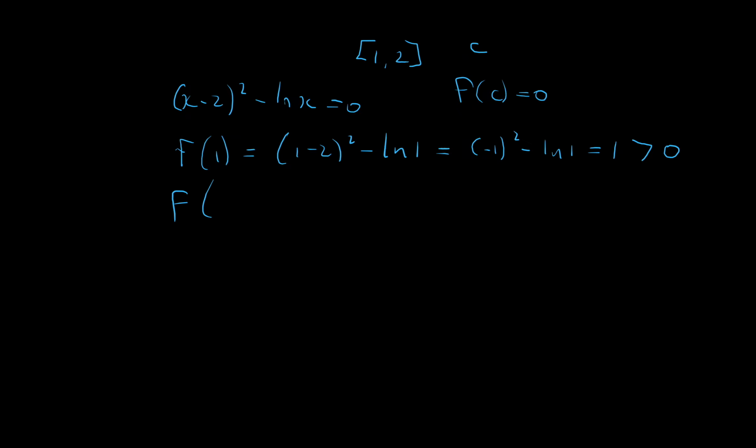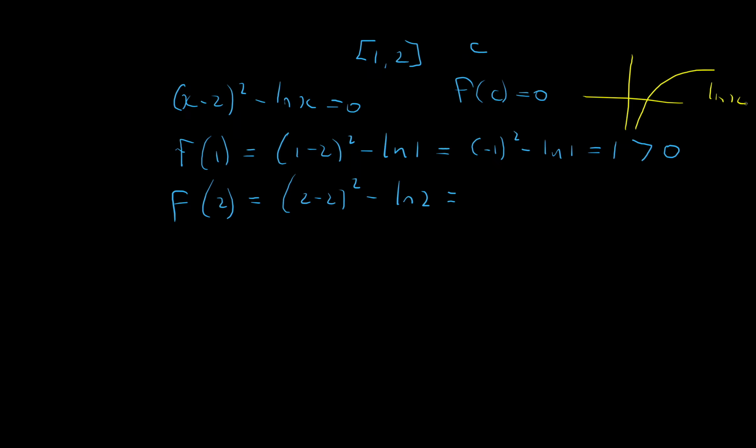Now we do the same for the other end of the interval. This will be (2 minus 2) squared minus ln of 2. And we know that 2 minus 2 squared is 0. We know that ln 2, if we look at the ln graph, remember it looks something like this.